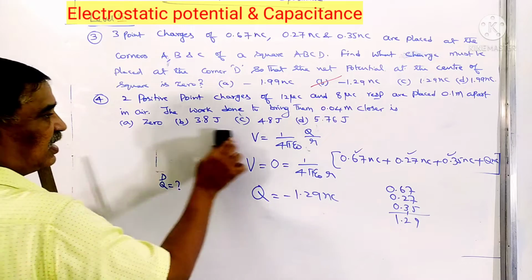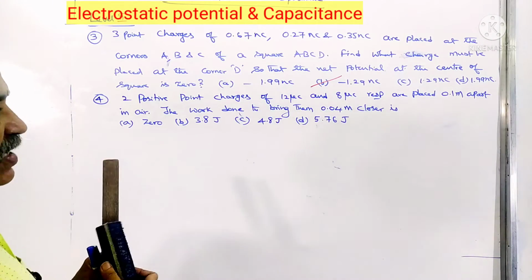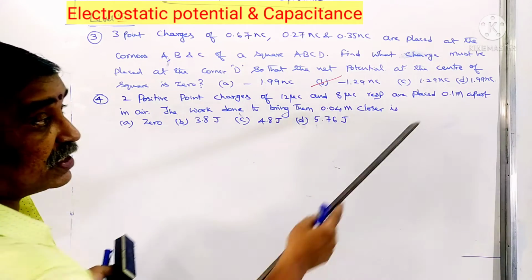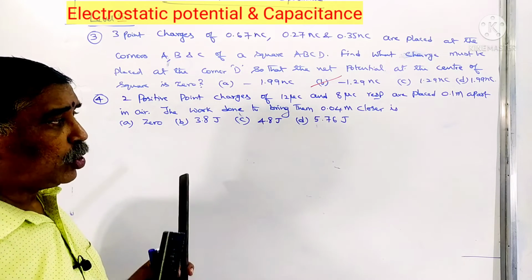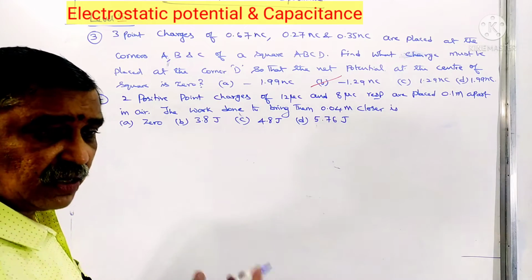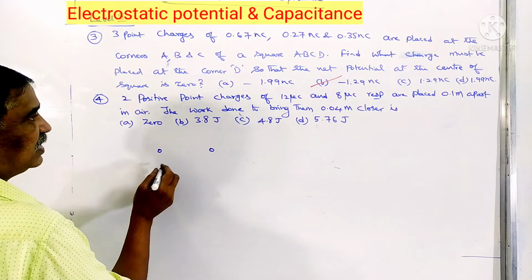Now I take the next question. In the next question, 2 positive point charges of 12 microcoulomb and 8 microcoulomb are placed at a distance of 0.1 meter in air. What is the work done to bring them 0.04 meter closer? Let us understand what is the given problem. Say I am given 2 point charges.